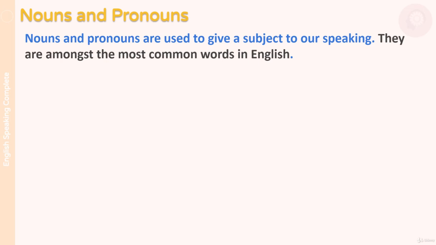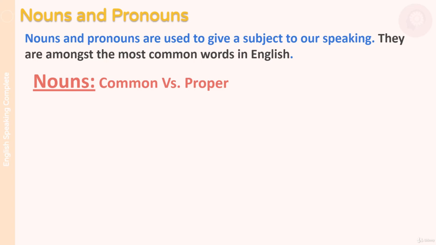So they're used generally to give a subject in our speaking, to say a certain thing, a certain person, a place, an object. And they are probably the most common types of word in English. So we can consider nouns as having common and proper nouns.